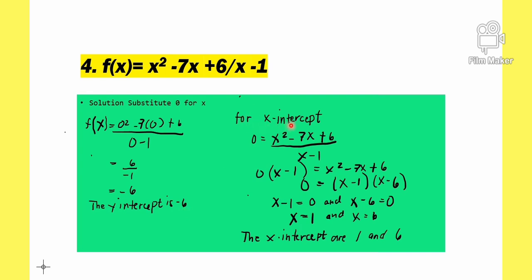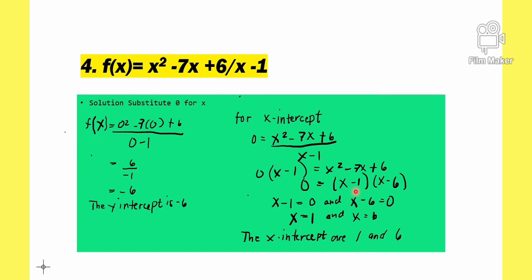For the x-intercept, we will substitute 0 for f(x). Again, x squared minus 7x plus 6, and the factor for x squared minus 7x plus 6 is (x minus 1) multiplied by (x minus 6). x times x is x squared.